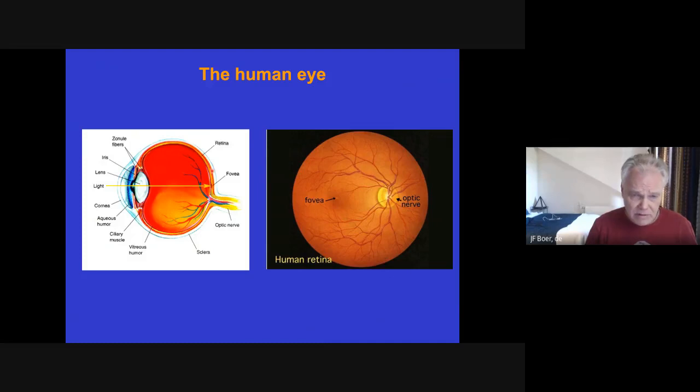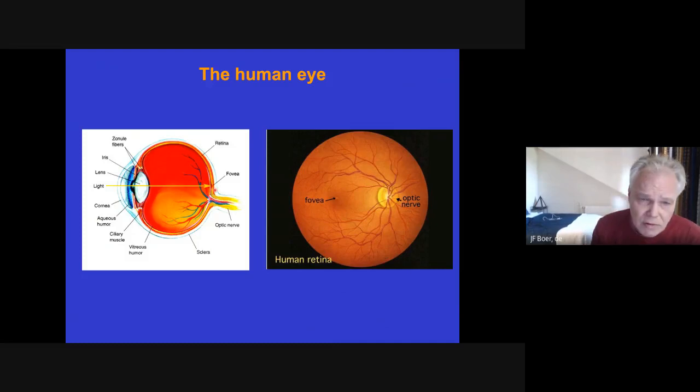Within the center, the fovea, the area where you have the highest density of photoreceptors. And here you have the optic nerve, that is where all the nerves collect and go towards the brain, and also blood vessels that come in through the optic nerve and supply oxygen to the upper layers of the retina.